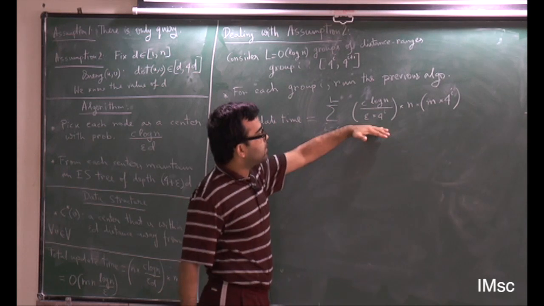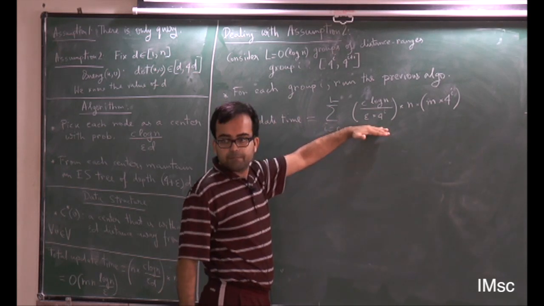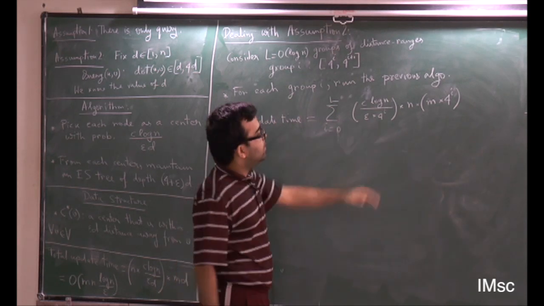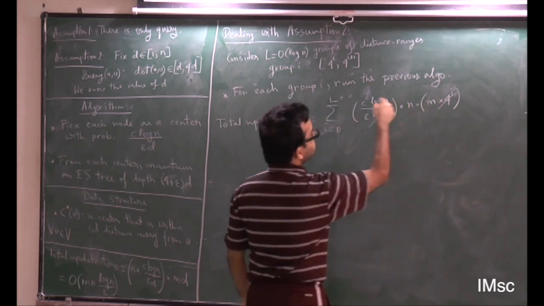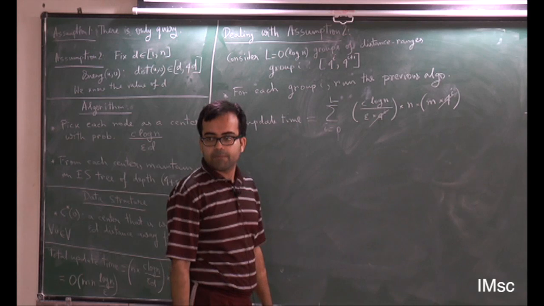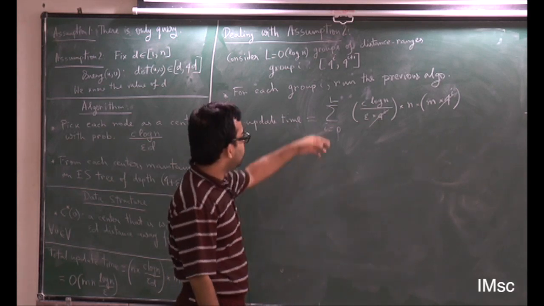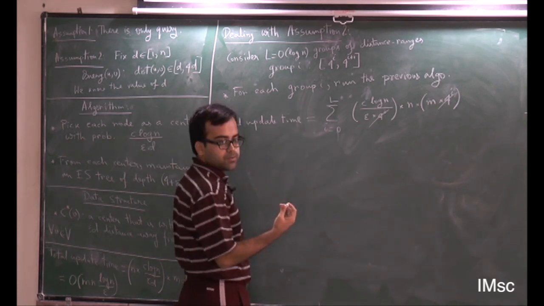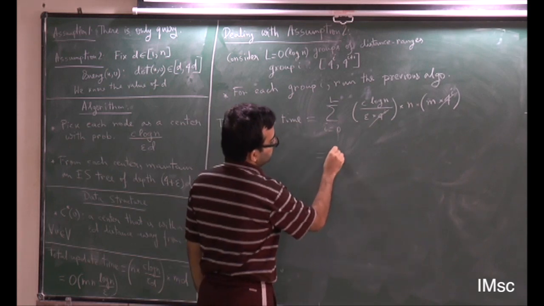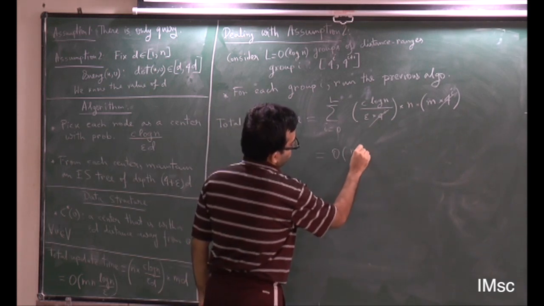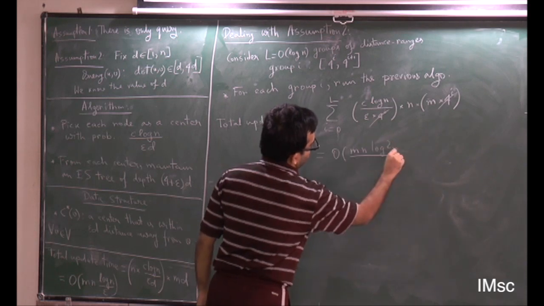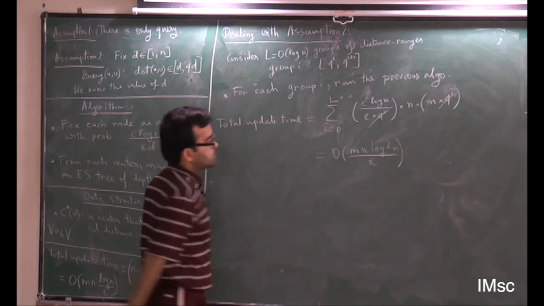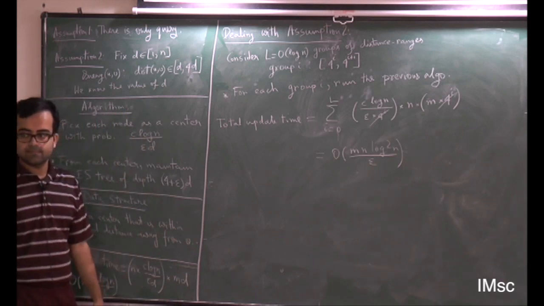So, this is the total update time for group I. And what is this? This thing cancels out. You see that this is nm log n, right. And how many groups are there? There are only log n groups. So, this total update time becomes as promised mn log square n by epsilon. Okay.